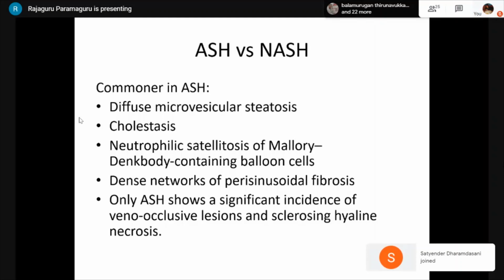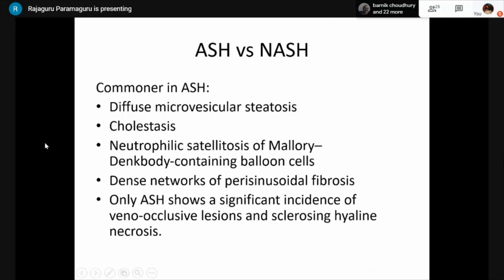So if it is alcoholic steatohepatitis, you will find cholestasis. Then neutrophilic satellitosis and Mallory-Denk bodies are more in alcoholic steatohepatitis. Like the case we had just seen, it will be denser and more numerous compared to NASH. And the perisinusoidal fibrosis, I had already shown you, will be denser and thicker, whereas in non-alcoholic steatohepatitis, it will be more slender and thin.